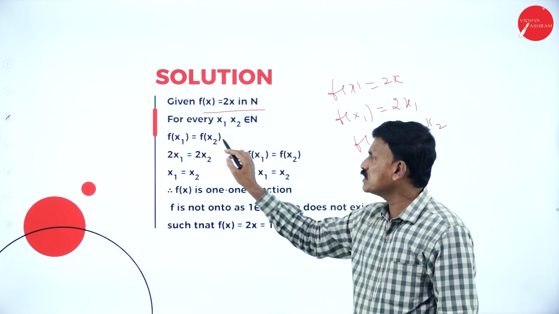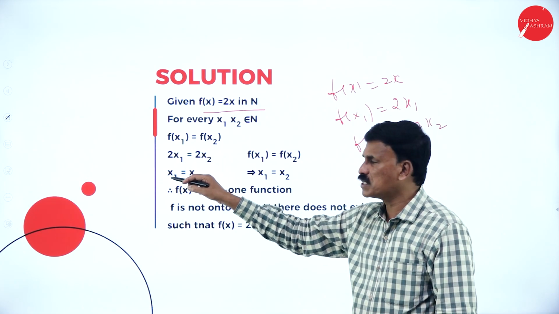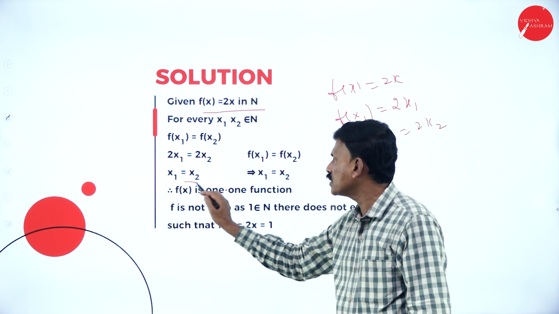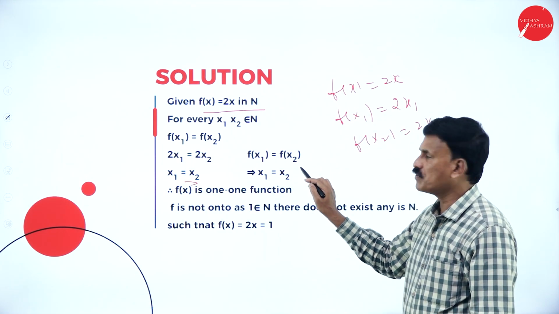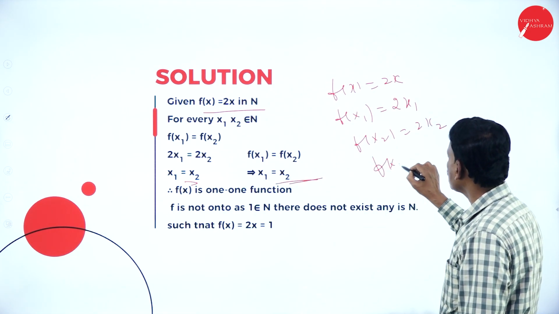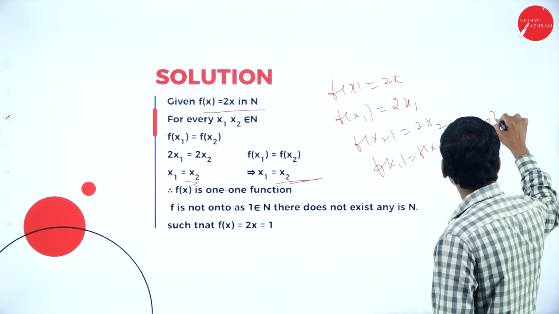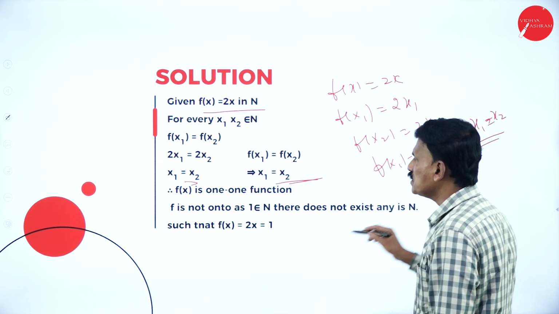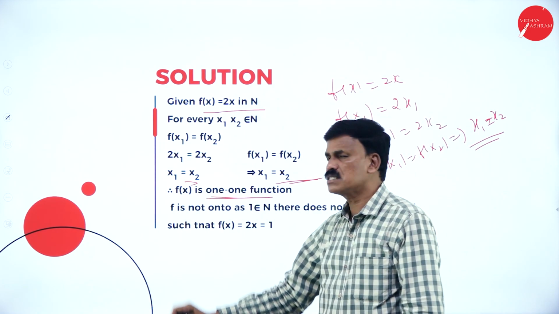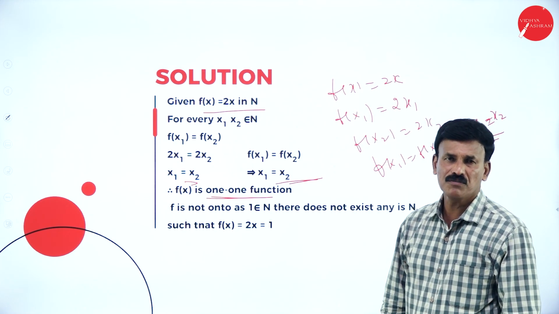Now, f of x1 is equal to f of x2 implies 2x1 is equal to 2x2, 2 and 2 get cancelled, x1 is equal to x2. That means f of x1 is equal to f of x2 implies x1 is equal to x2. So, therefore, f of x is a one-one function.